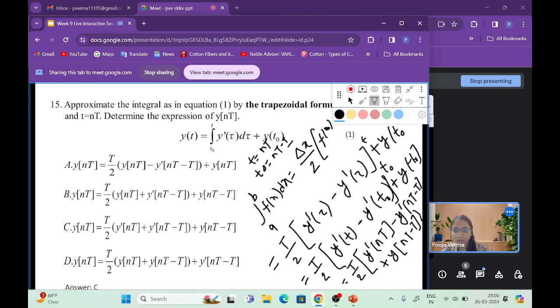Okay, so from this option, the correct option is option C, that is y of nt is equal to t by 2 y dash nt plus y dash nt minus t plus y nt minus t, bracket t by 2. So we just need to solve this integral and put t is equal to nt and t naught is equal to nt minus t. So the correct option is option C, if you see that after solving.